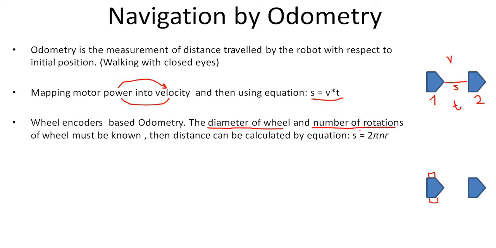If we have these 2 things, then we can calculate the distance using this equation. So this was position 1, this was the final position 2 of the robot, and the robot moved, let's say, in a linear way, with no turning, just linear motion. So just counting the number of rotations and using the radius or diameter of the wheel, we can calculate the distance traveled s.